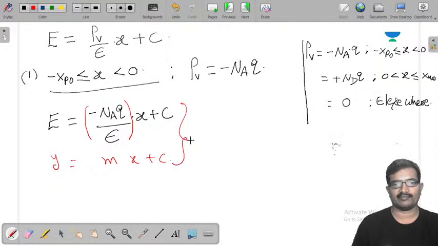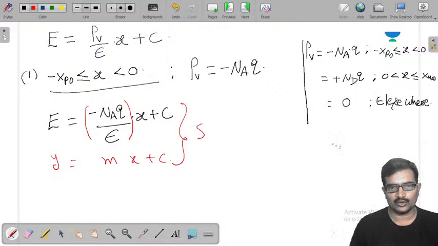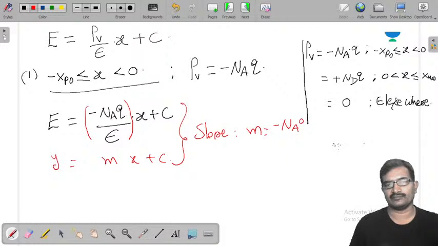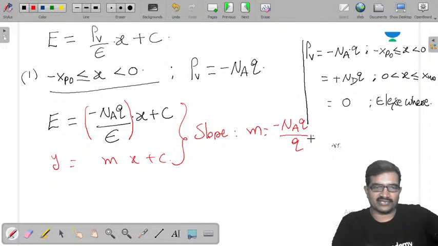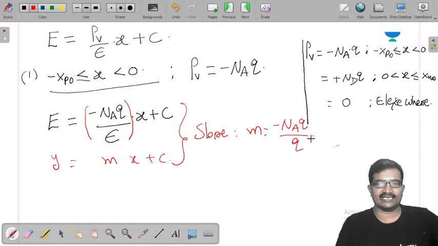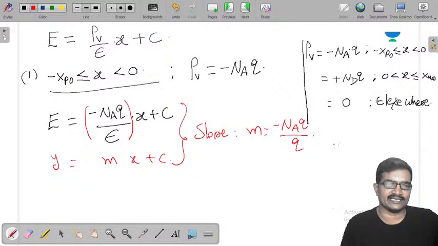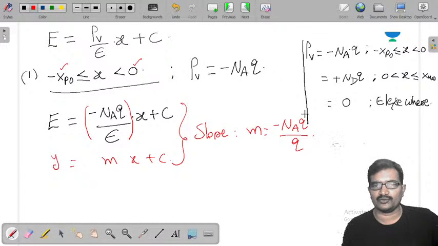So by comparison we can write slope m equals minus Na into q by epsilon. So it is a straight line starting from minus xp naught and ending at 0, with a slope of minus Na into q by epsilon.